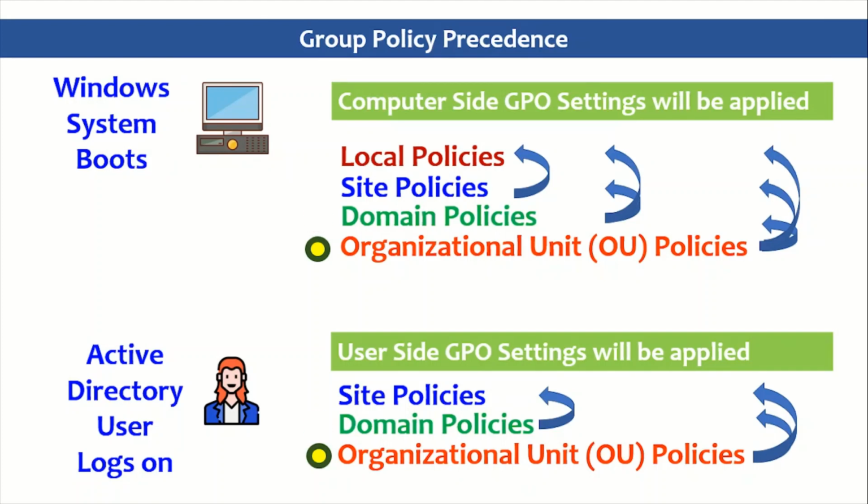Then we have domain policies, then site level policies, and then the local policies. So this is the group policy precedence. The group policy processing order is local, site, domain and OU, and the group policy precedence is exactly the opposite of the group policy processing order. It is OU, domain, site and then local.